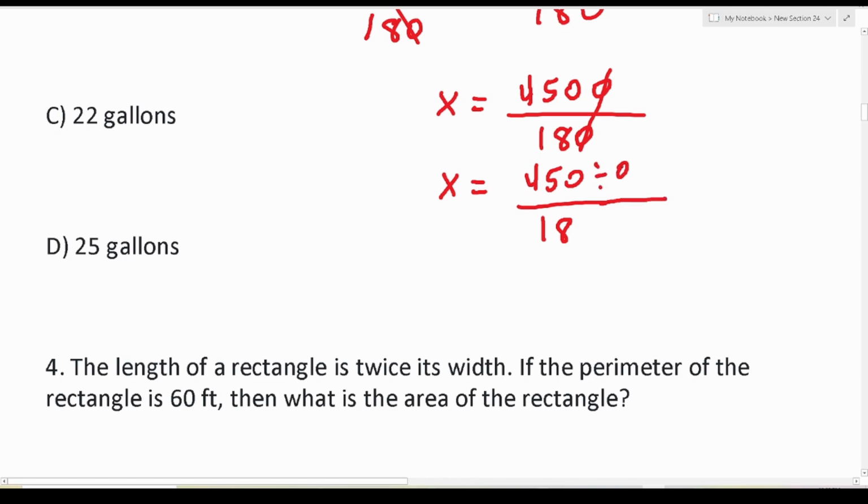So in other words, I could divide 450 as well as 18 by 9. 18 divided by 9, of course, is 2. And 450 divided by 9 is going to be 50. Again, 45 divided by 9 is 5, and just tack on that extra 0 to give you 50. And of course, 50 divided by 2 is 25.